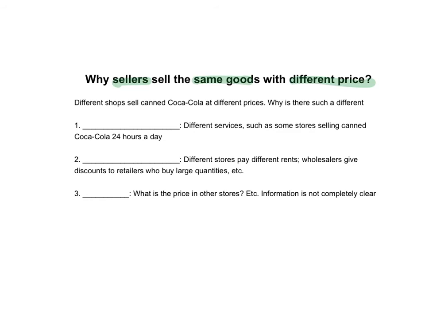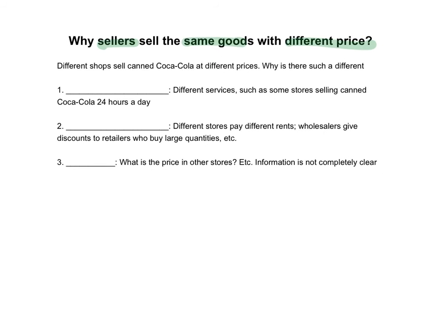But why? Maybe you'll think that, oh, because 7-Eleven is more convenient or because it's cold. Actually, you're right. But how do we explain this with the concept of market structure? We can use the features.